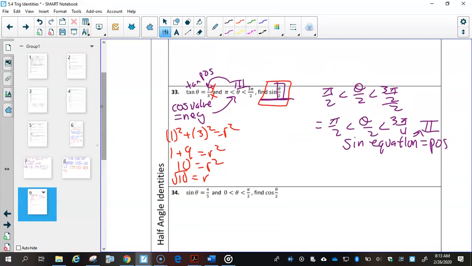What is cosine? It's x over r, so 3 over root 10. But it's in the third quadrant, so it's negative, and we have to make it negative and rationalize.